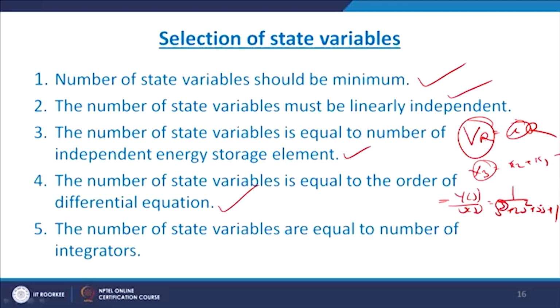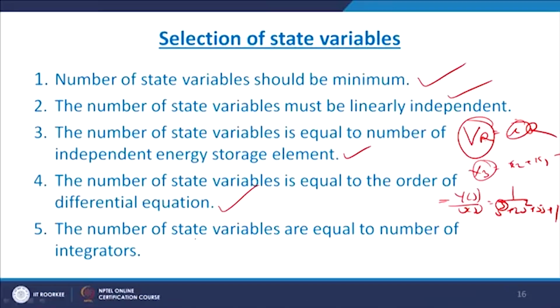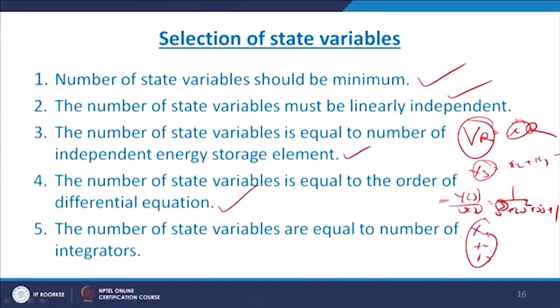It means that in your actual system in state space you have selected 3 state variables, and the number of state variables is equal to the number of integrators. If you select 3 state variables, x1 dot, x2 dot, x3 dot, that equals the number of integrators.